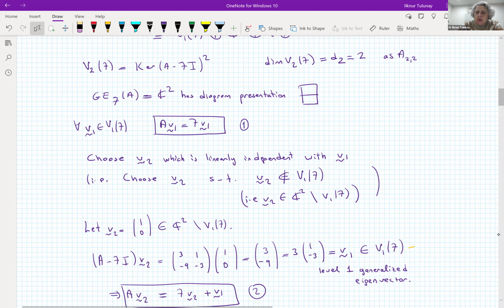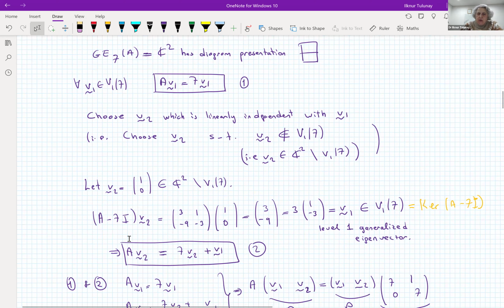This is equal to really the kernel of A minus 7I. This is the first order. There's the first one. The key idea here is that to obtain this equation, this is what we want.